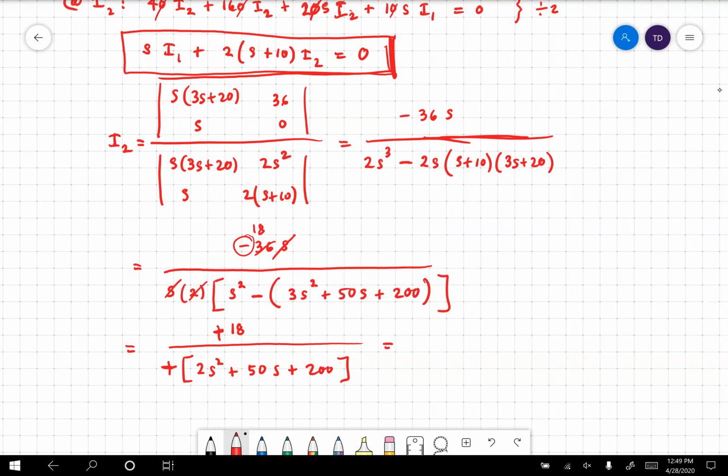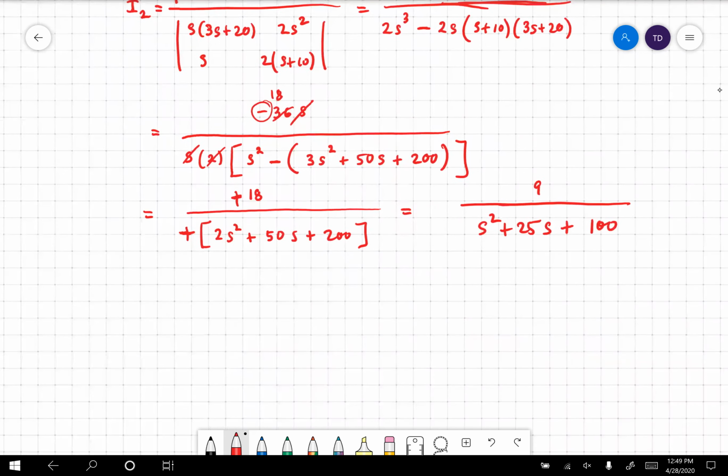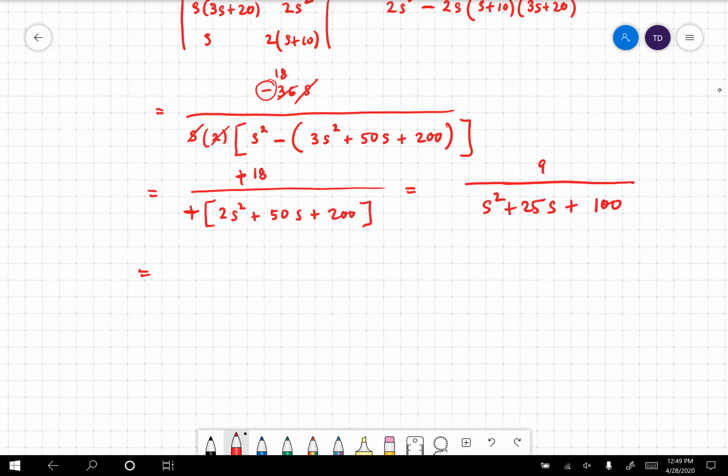So I'm going to factor out a 2 in the denominator. That'll bring that to a 9 in the numerator. Factor out the 2, s squared. There's my 25s. And that looks like nice factors. Wow. Equals 9 over s plus 20, s plus 5.